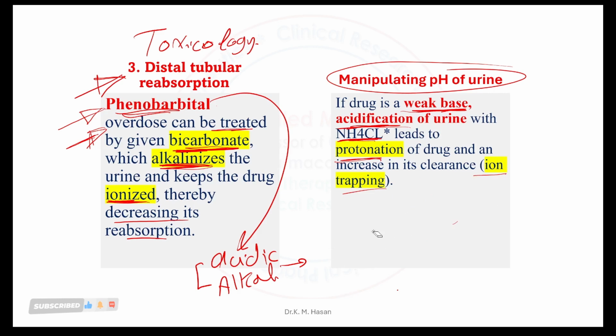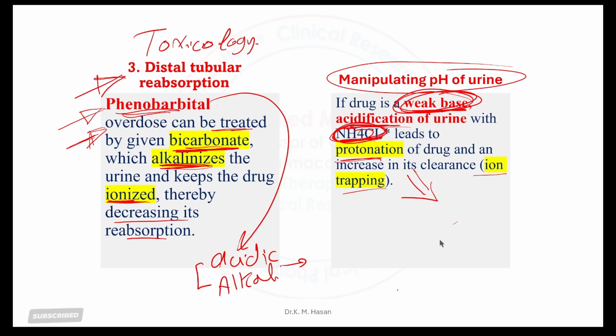And if you have weak bases and you acidify the urine, you protonate them and enhance elimination of this medication.